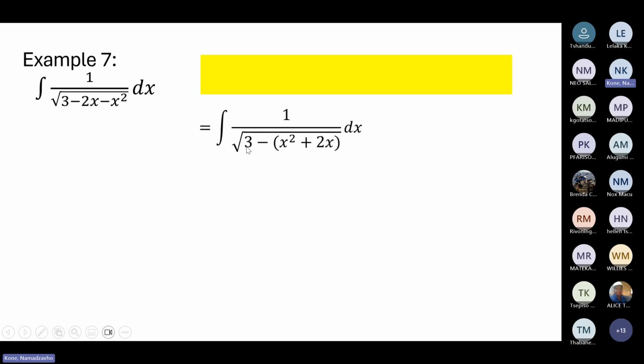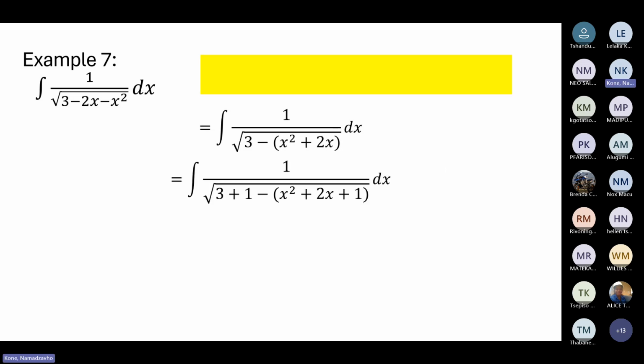Now, what I did was just to factor out the minus sign from these two values that contain x. Here is the minus sign, and if we remove the brackets, multiplying by a negative sign, we get back to exactly what we were given. So that is the first step.